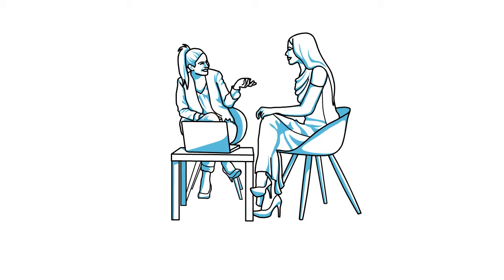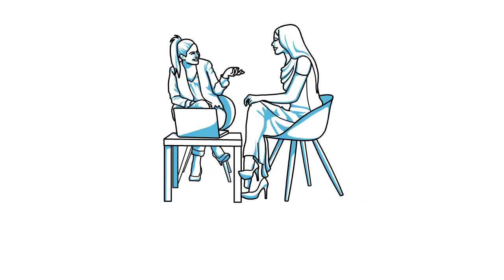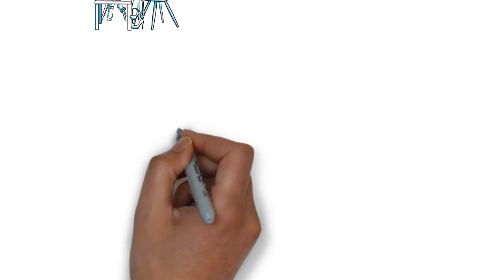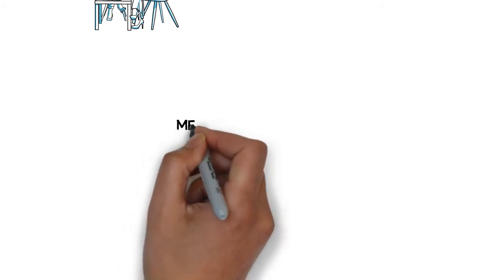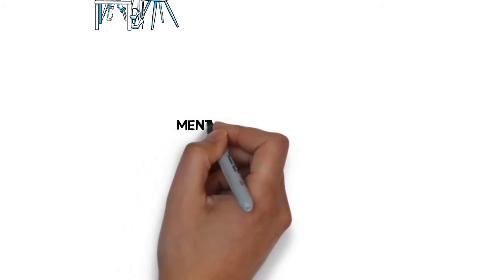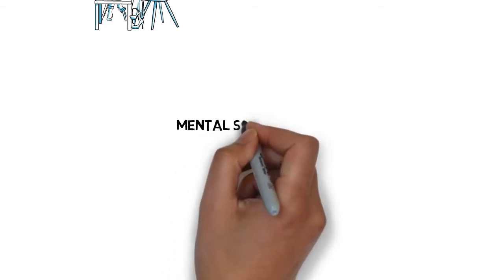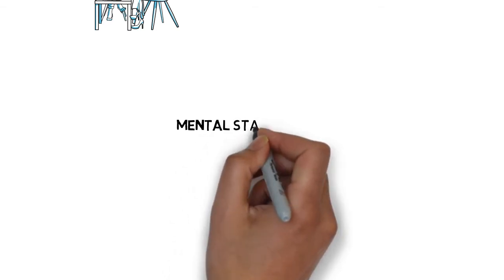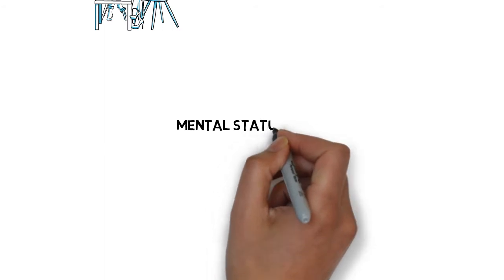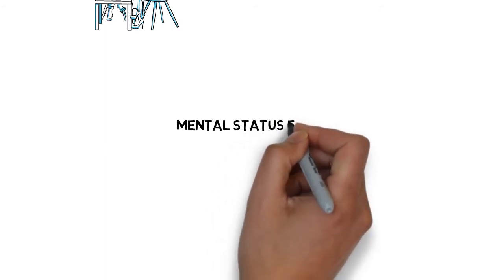So in a typical neurological exam, you typically have 6 parts. You'd have, first off, your mental status part, and your cranial nerves part, and your motor exam part, examination of sensory nerves, exam of coordination, and exam of reflex.